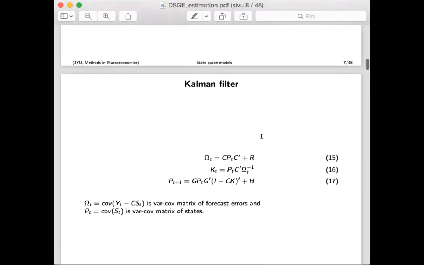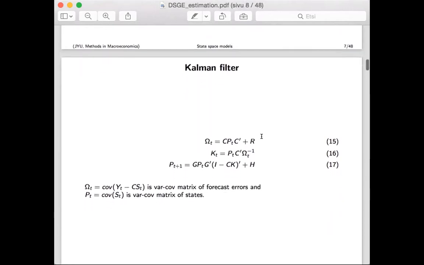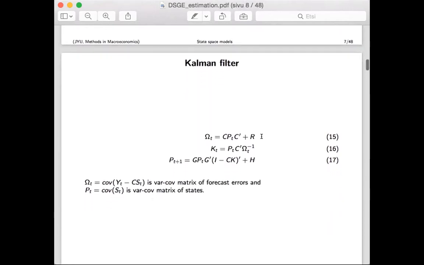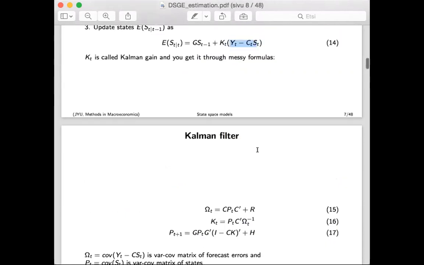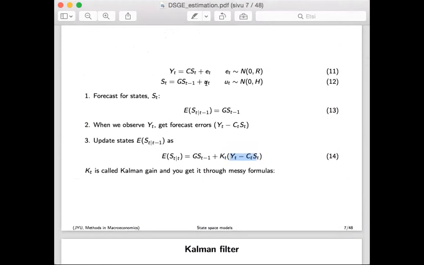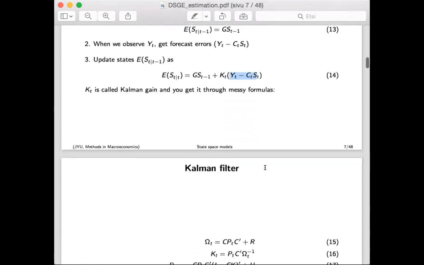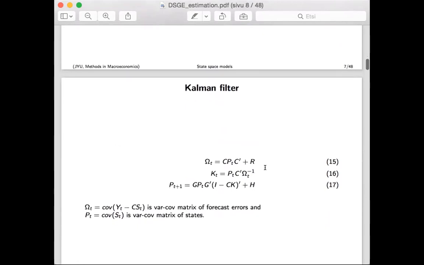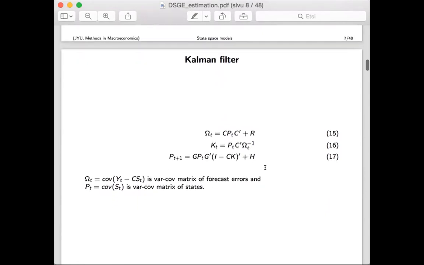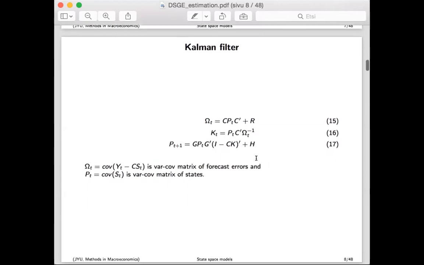So in a sense, the precision of information matters for how much we update our guesses. How large are these error variances and covariances determines how we update our guesses for states when we observe the observed variable. These Kalman filter equations are derived using Bayes' rule and properties of normally distributed variables.